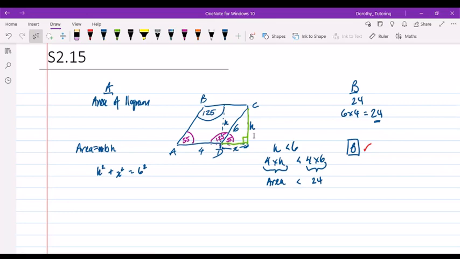So, knowing maths, we say sine of 55 equals h over 6. If I cross multiply that, h is sine 55 times 6.